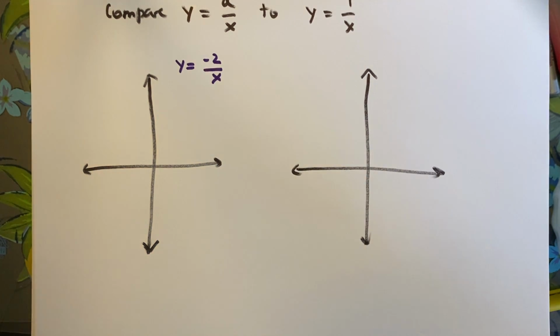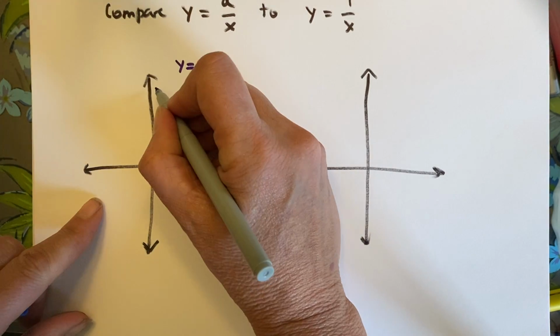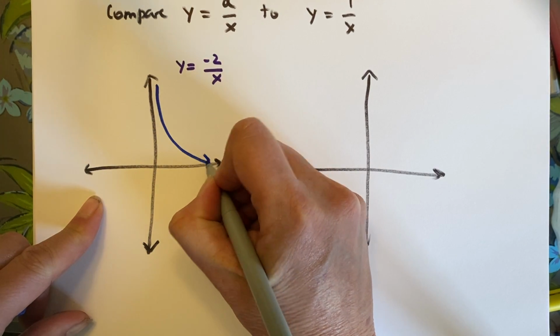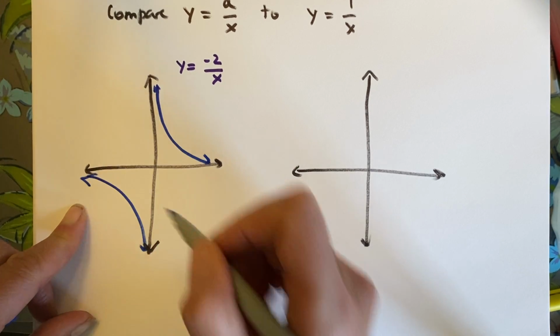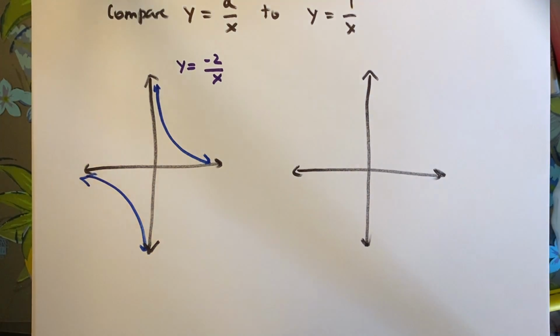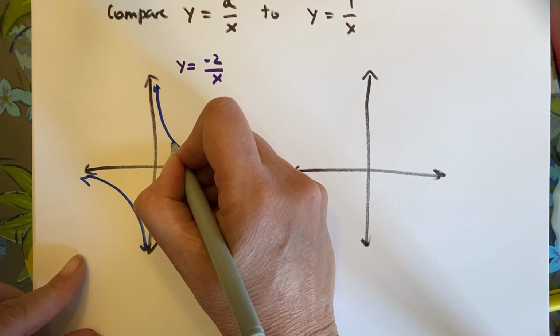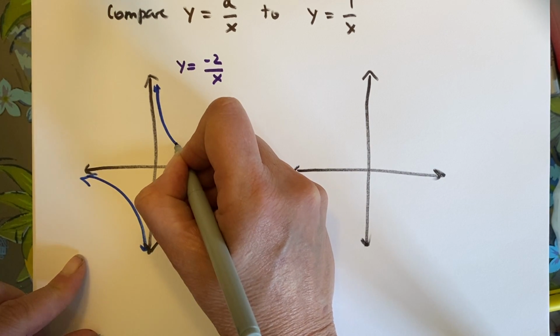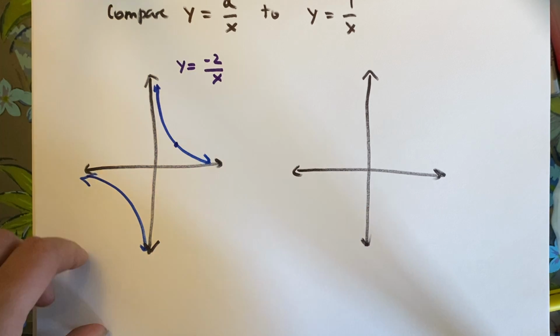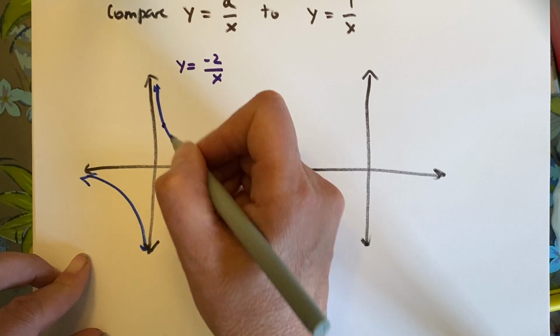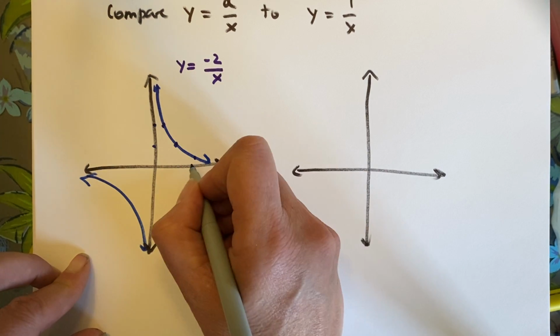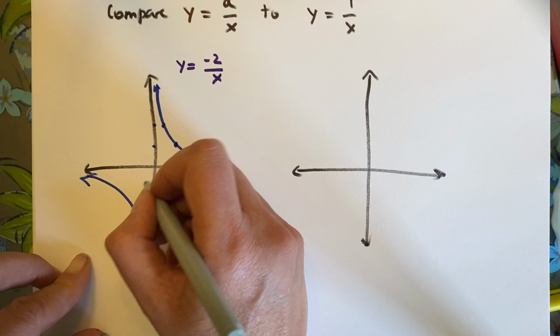So if I redraw my parent function, and I've been drawing it in blue, so I'll stay consistent. Here's my parent function. If you remember, this was 1, 1, 2, 1/2, etc. So this is 1, 2, and it's around the same thing here.